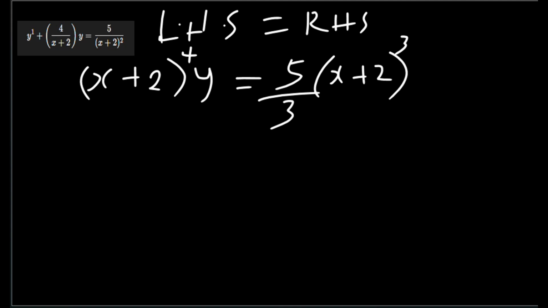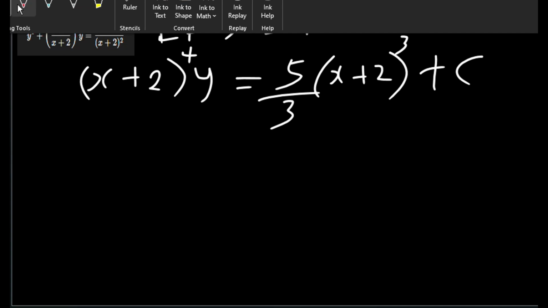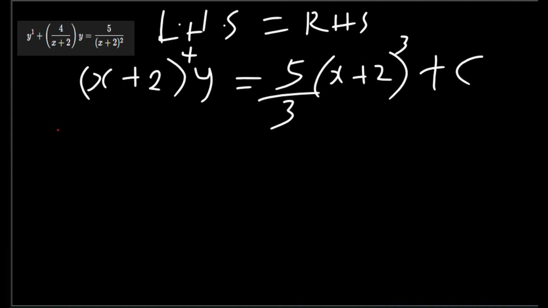Yes, I know you might be a bit confused at this part, but let me explain this to you. But don't forget to add your constant of integration. Alright, so this is how we had the right hand side of the equation. If you have something like 2x squared, when you integrate with respect to x, the 2 is going to be divided, and then you add 1 to the power, so it becomes 3.